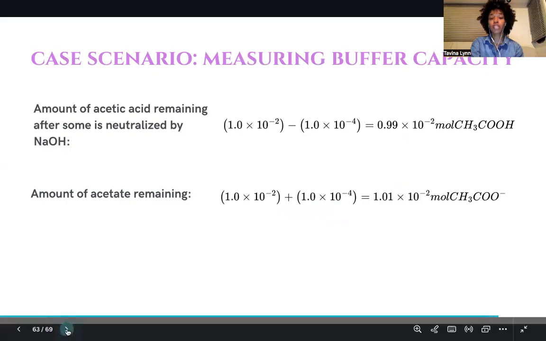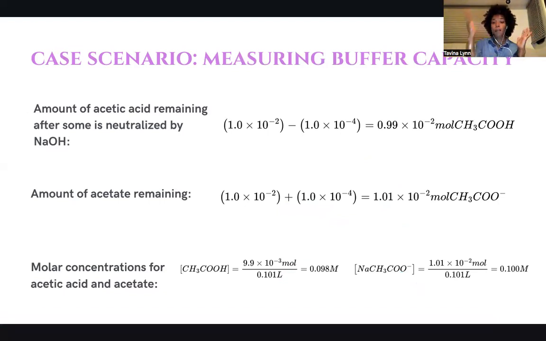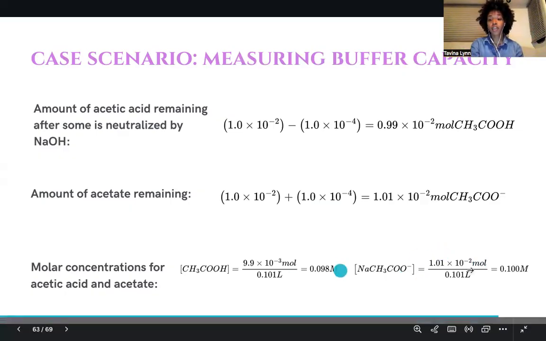So now to get the concentrations of our acetic acid and acetate, we just take our molar amounts and put it over our total volume, which is 100 milliliters of our buffer plus the 1 milliliter of sodium hydroxide that we added. So we have our final concentrations of acetic acid and acetate.